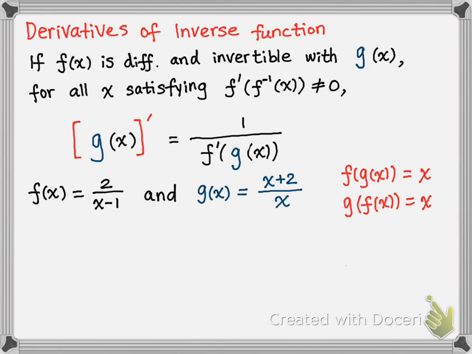Well, if you want to take the derivative of g of x, I mean, you can still do it using the quotient rule, but it might be a little bit complicated, especially when we deal with more complicated expressions.